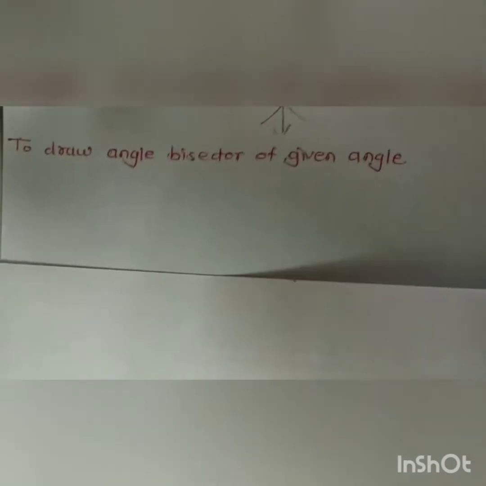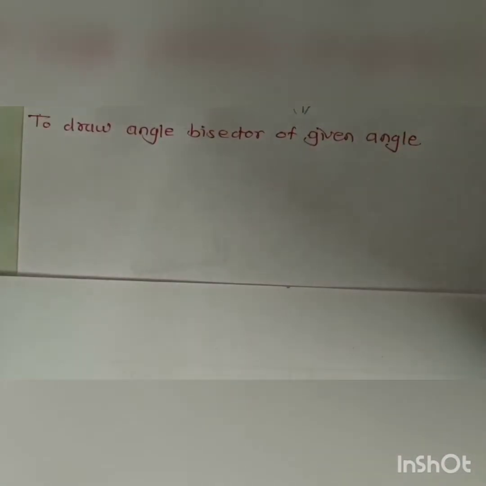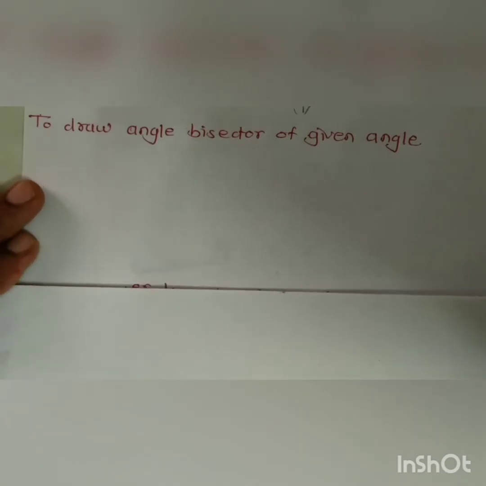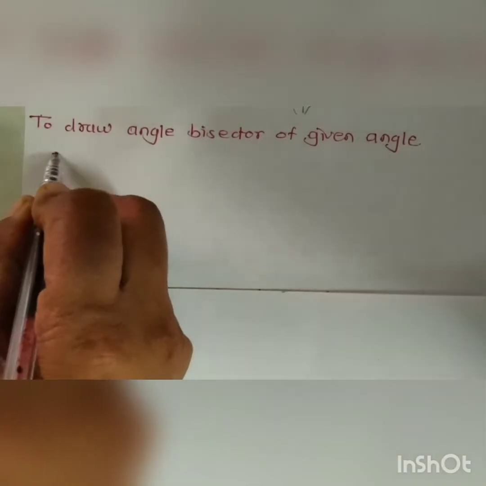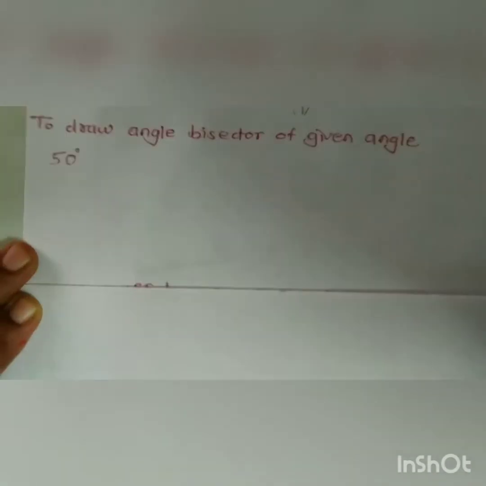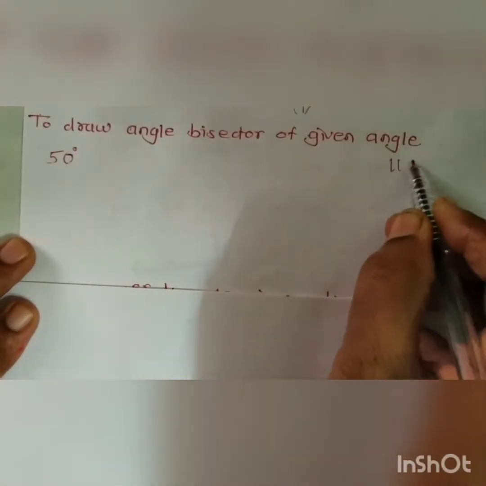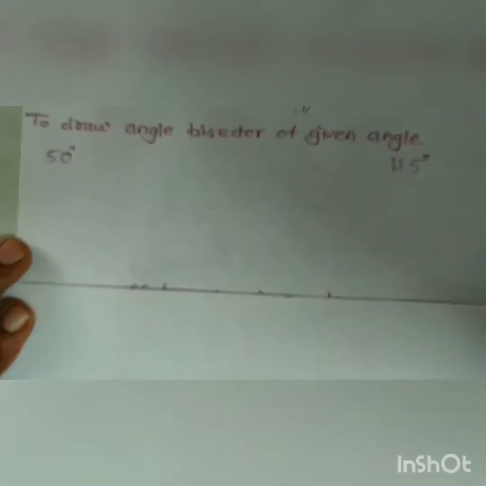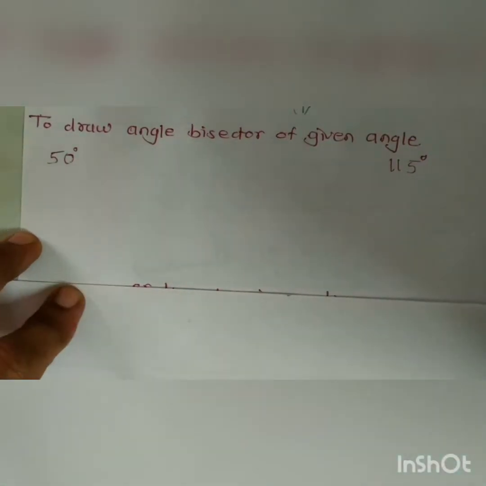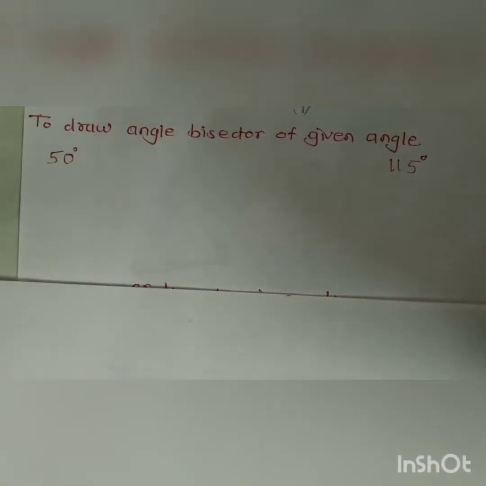Now the second construction to revise is to draw the angle bisector of a given angle. Here we are taking 2 angles, one obtuse and one acute. Suppose the acute angle we are taking here is 50 degrees and the obtuse angle is 115 degrees. We already know how to draw those angles.